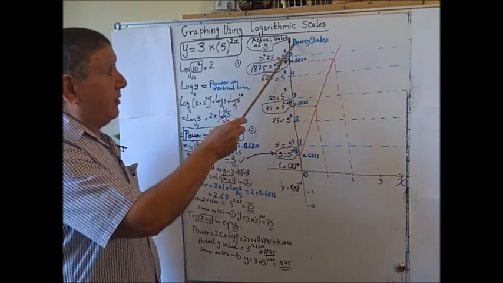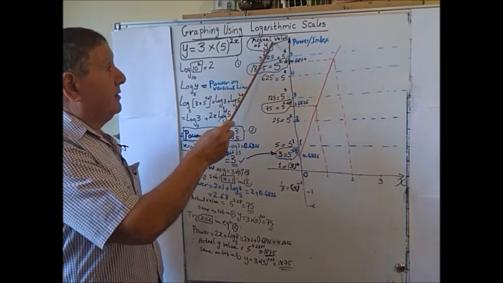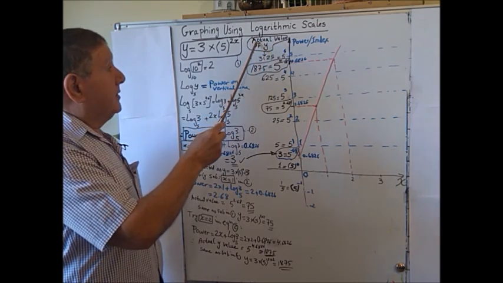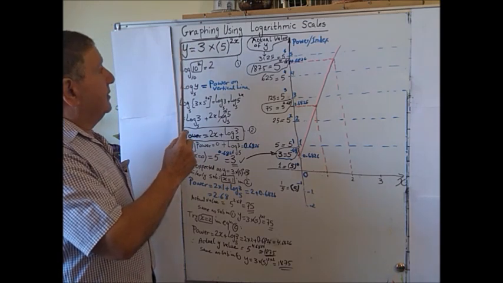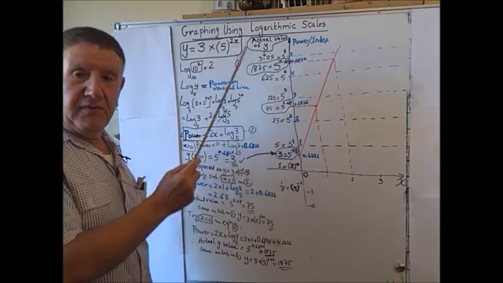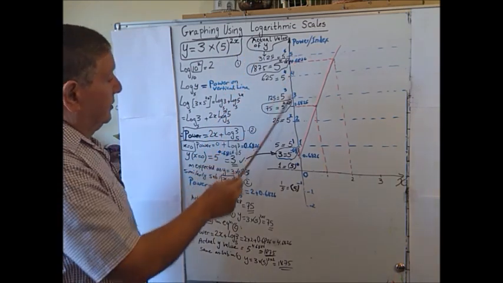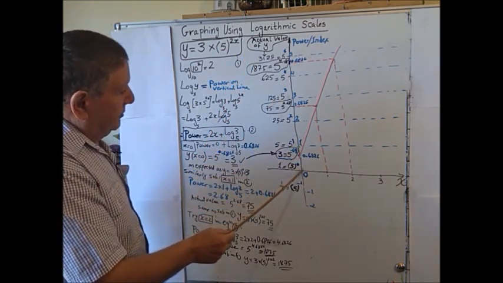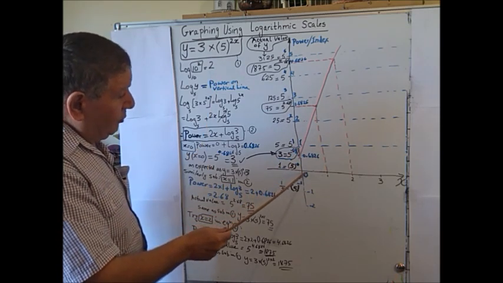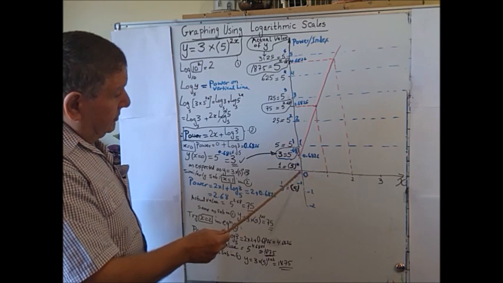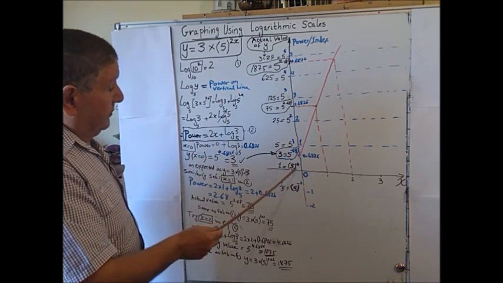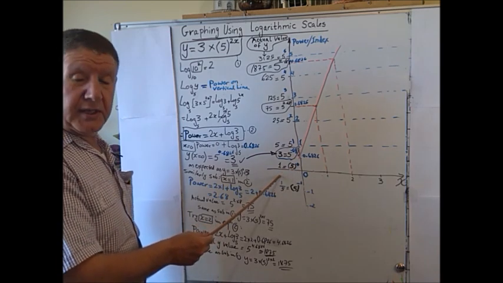So we have actual values. I wrote them on the left side, the actual values of y. This is the power of the base, 5. So from 0 to 1 in this equation, when the power is 0, the actual value is 5 to the power 0, which equals 1.